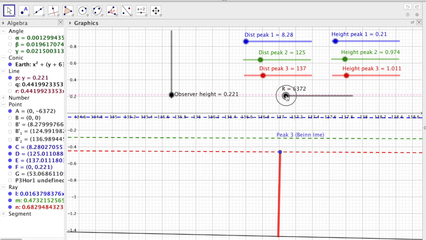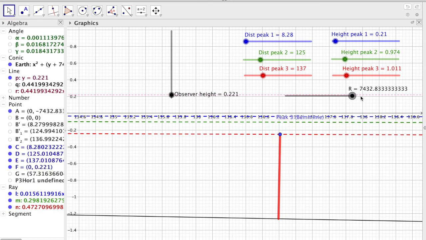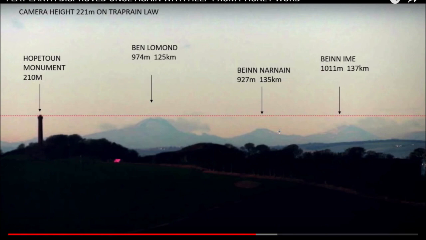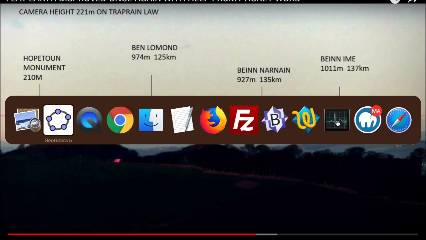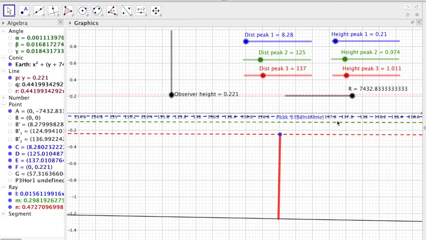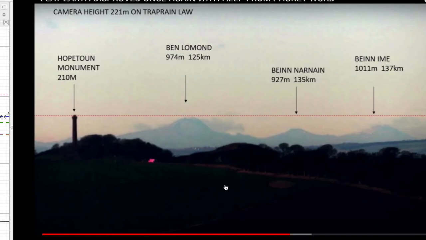But again, if we employ the approximation for refraction, we see that this difference here is closer to what we actually see. So we see that the globe model with refraction matches reality.